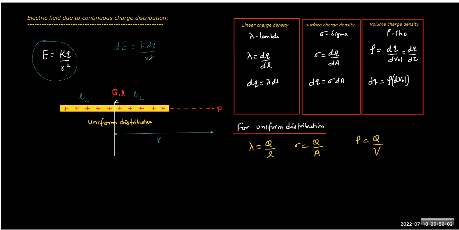Now here you can see every dq will be in the same line, correct? Because the entire rod is on the same line and the point P is also on the same line, the field will be collinear, isn't it? So here scalar addition is okay because direction is not creating any confusion. Do we have multiple directions or a single direction?